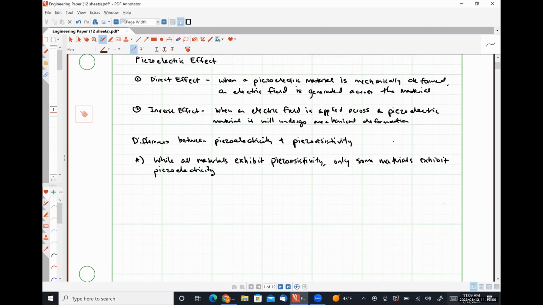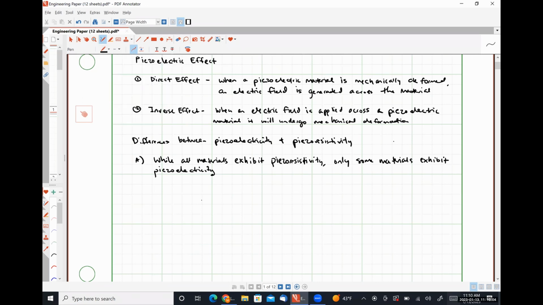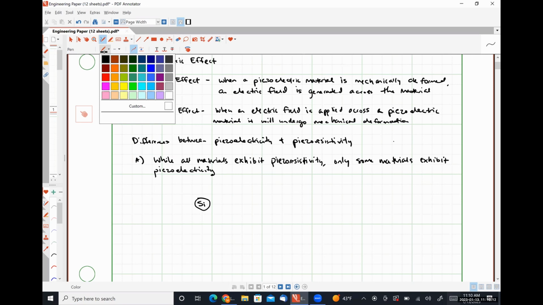So if we have quartz crystal, if we were to slice quartz crystal and look at it in one of its crystal planes, and it's hard to identify the particular plane because quartz crystal doesn't have simple cleavage planes like silicon does, so we can't just say the 110, all that kind of good stuff.